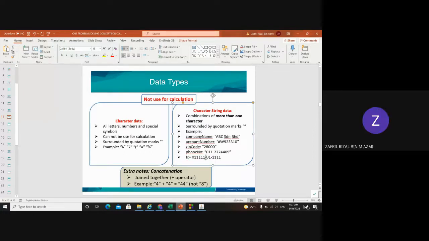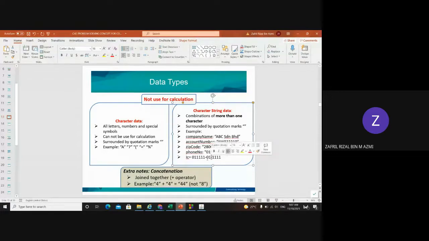So if you want to use IC for calculation, you need to declare the value as a numeric value. If it is a numeric value, you cannot have any symbol other than the number.